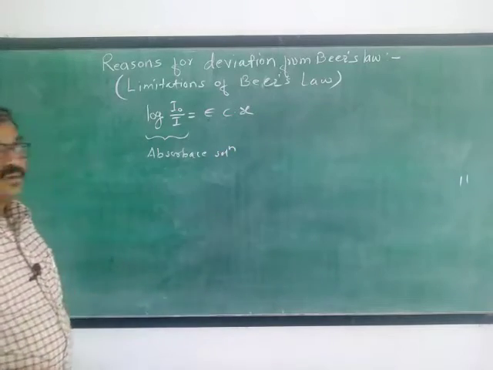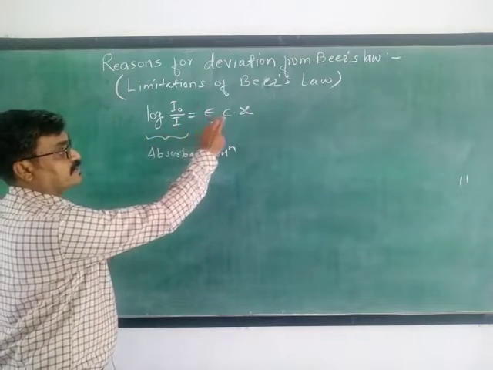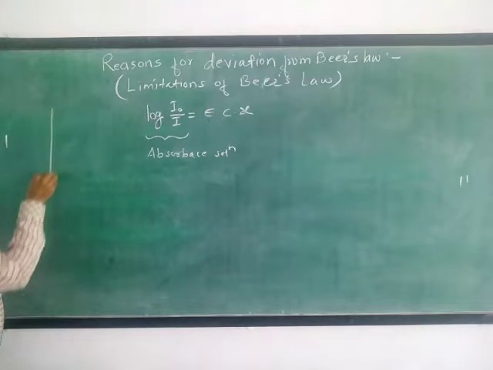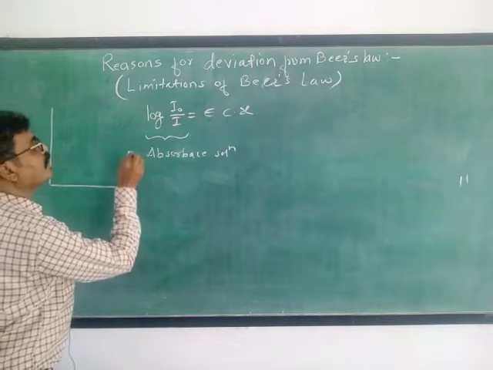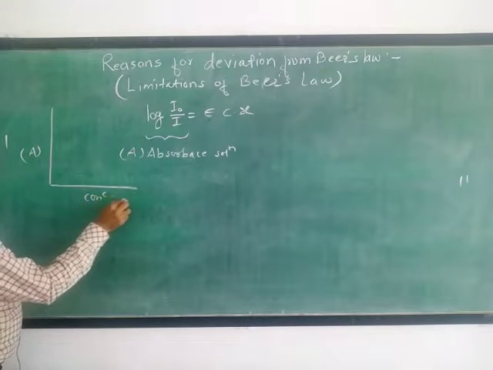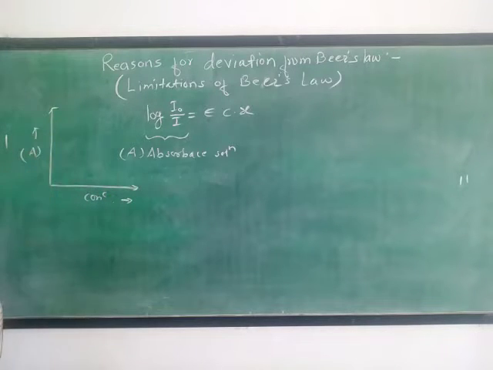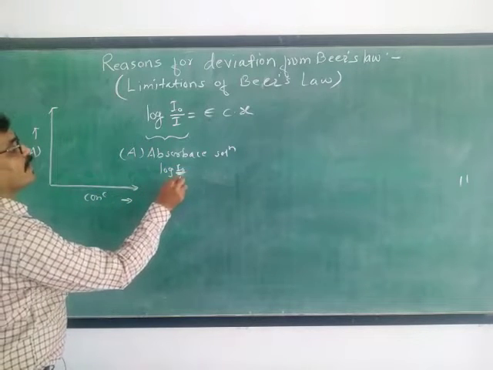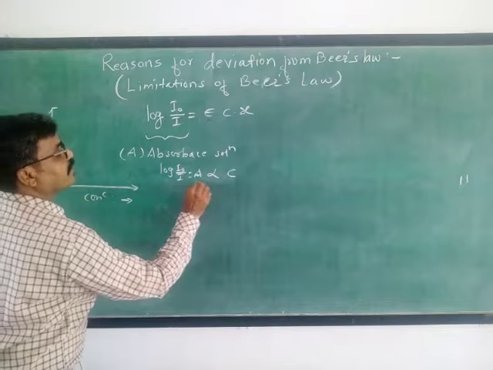Now if we plot a graph of absorbance versus concentration of solution, with absorbance of solution, that is A, on the y-axis and concentration of solution on the x-axis, then we know that log of I0 upon I, that is A, is directly proportional to concentration.